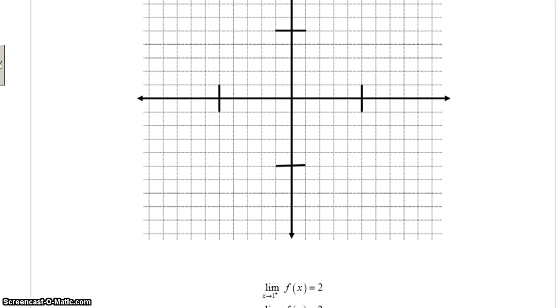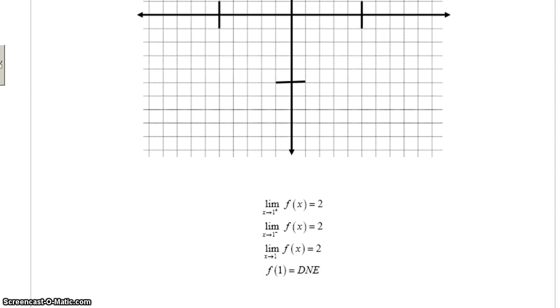So again, we have a plain grid, and we have the limit as x approaches 1 from the right side is 2, and the limit as x approaches 1 from the left side is also 2. Therefore, our limit as x approaches 1, f of x approaches 2.